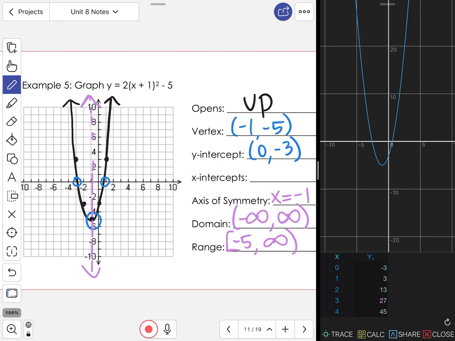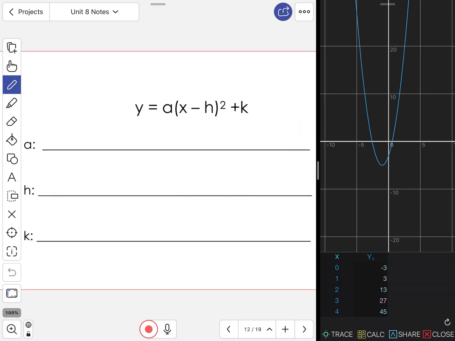Okay, so we talked about kind of how our graph was shifting, but we didn't talk about why. So we're going to talk about what those different things did, what this A did, what this H did, and what this K does. So we talked about in the first unit when we had a 2 in front, it made it skinnier. When we had a 1/2 in front, it made it wider.